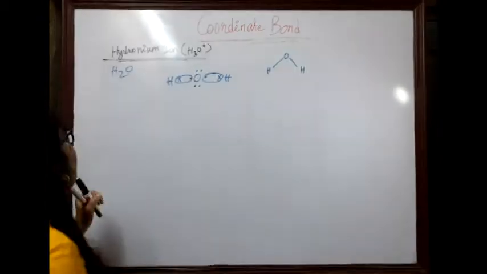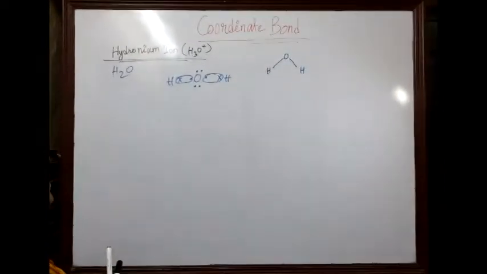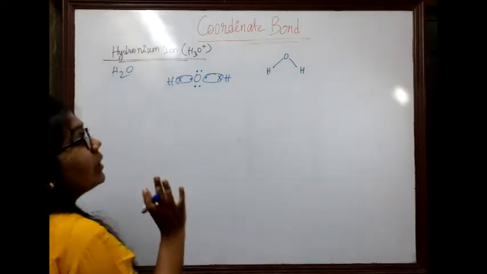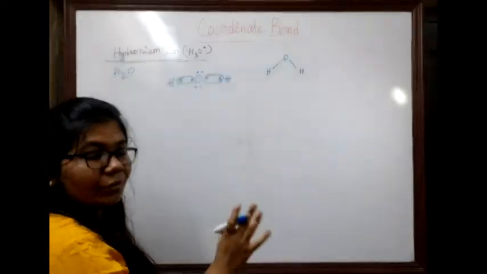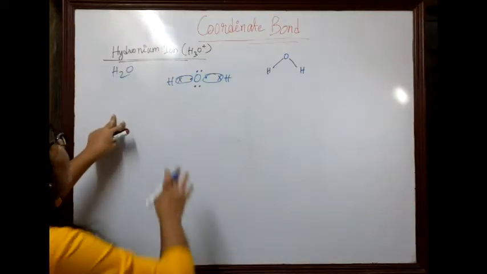If we add a little amount of acid in the water, then there is dipole-dipole interaction between the two polar molecules, one is the water molecule and another is the acid molecule.